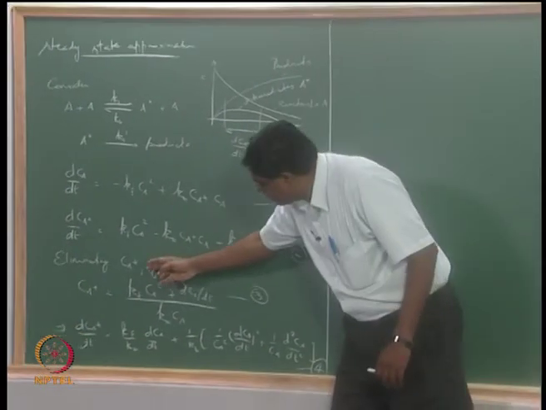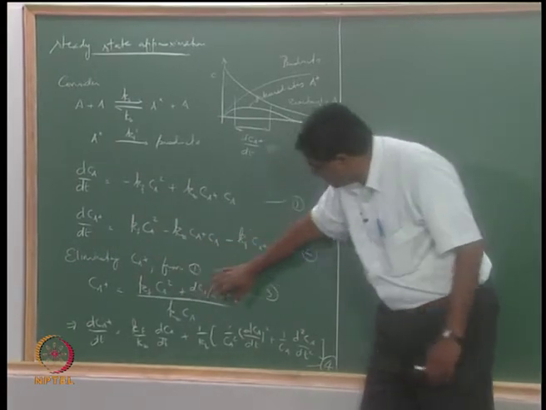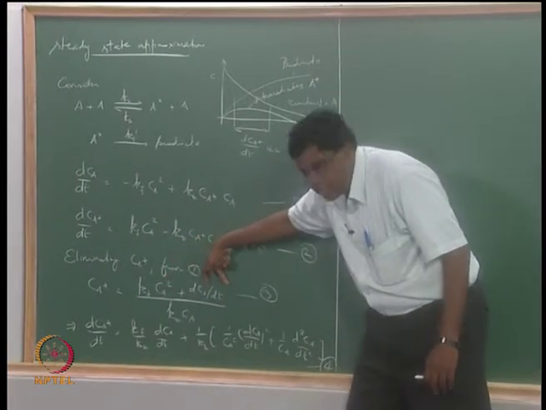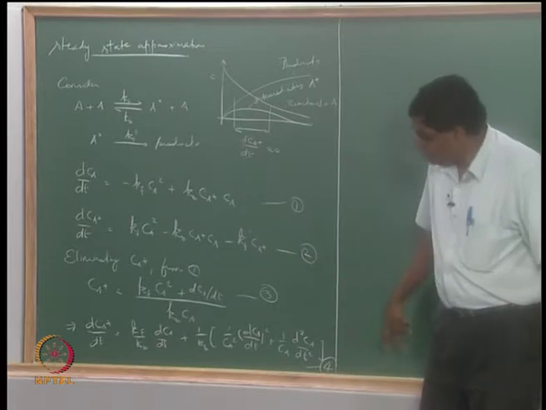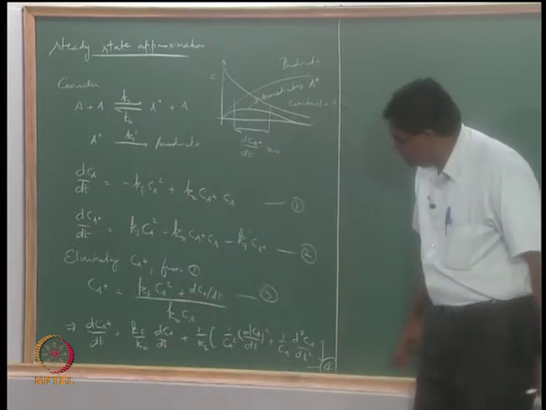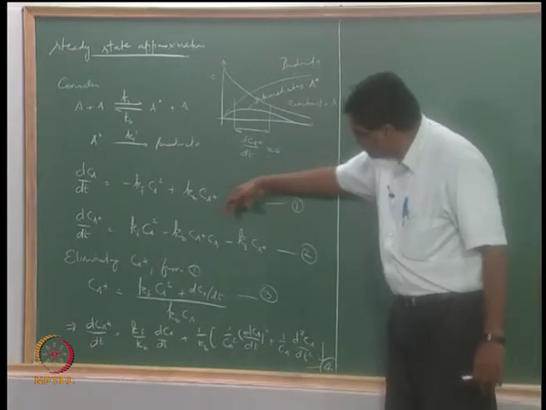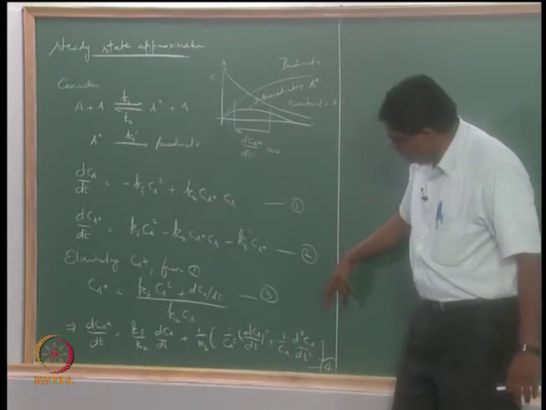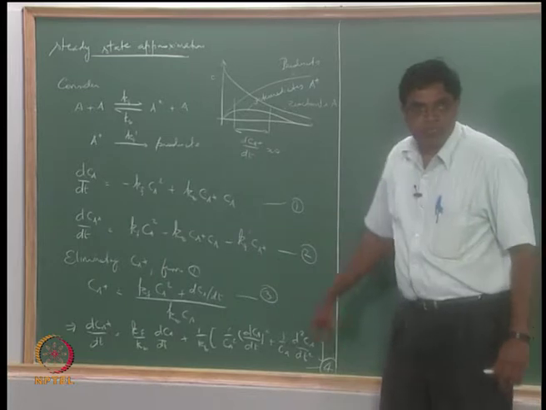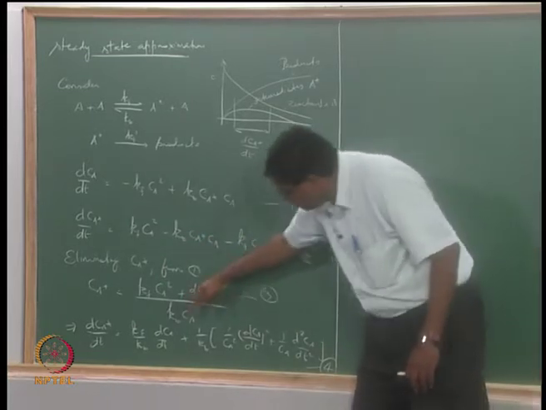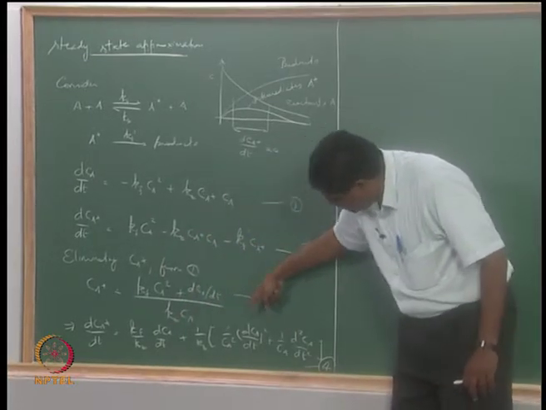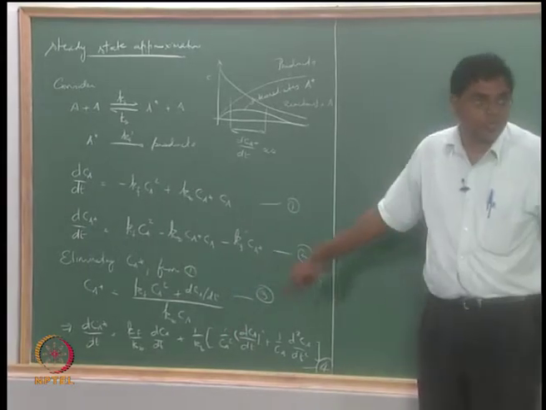Therefore we write from the first equation Ca star in terms of Ca and dCA over dt, and then you plug that back in the equation for dCA star over dt wherever Ca star appears, and then you get a complicated looking expression that involves again only dCA over dt and Ca wherever it shows up.